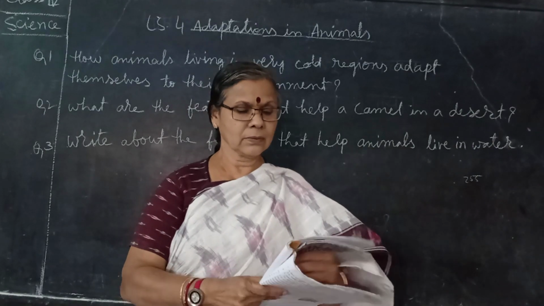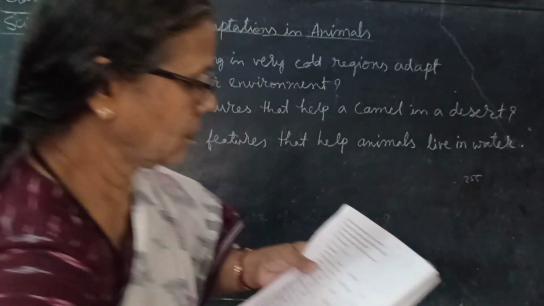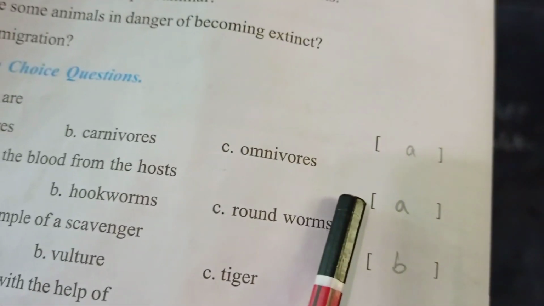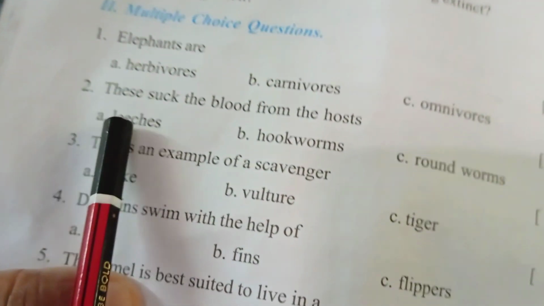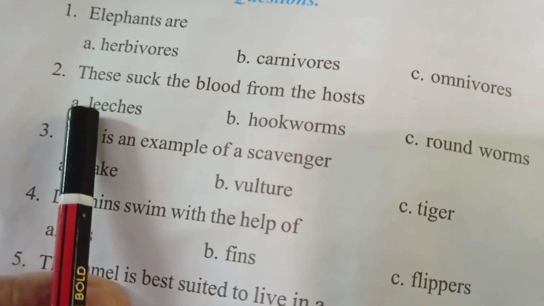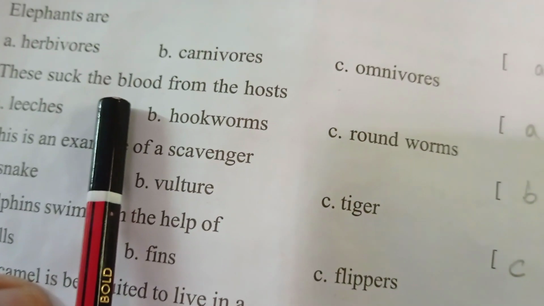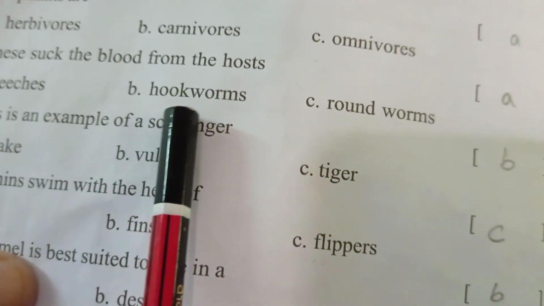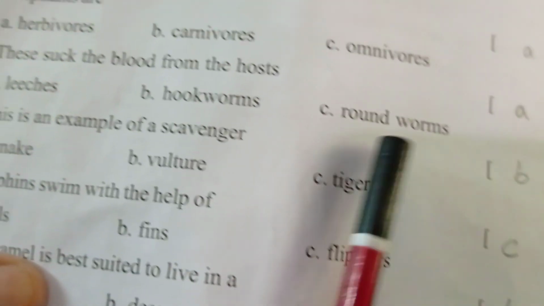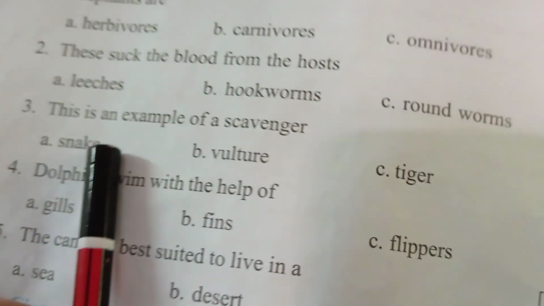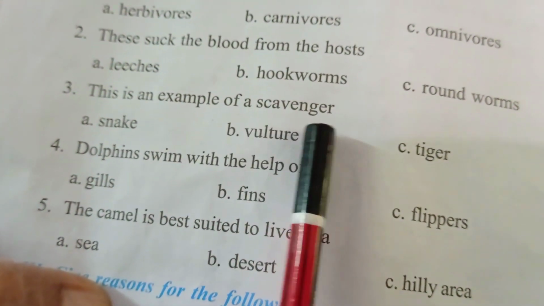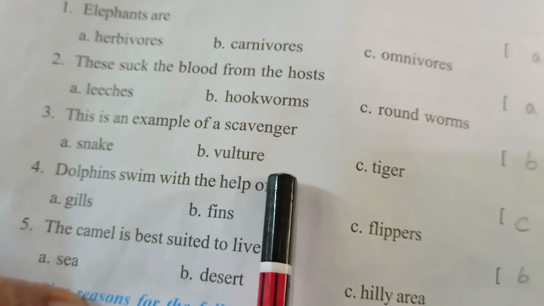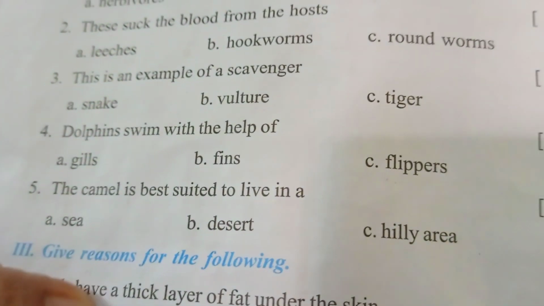Elephants are herbivores, A, you can see here. These suck the blood from the horse: leeches, hookworms, roundworms. A, leeches. This is an example of a scavenger: snake, vulture, tiger. B, vulture is the scavenger.